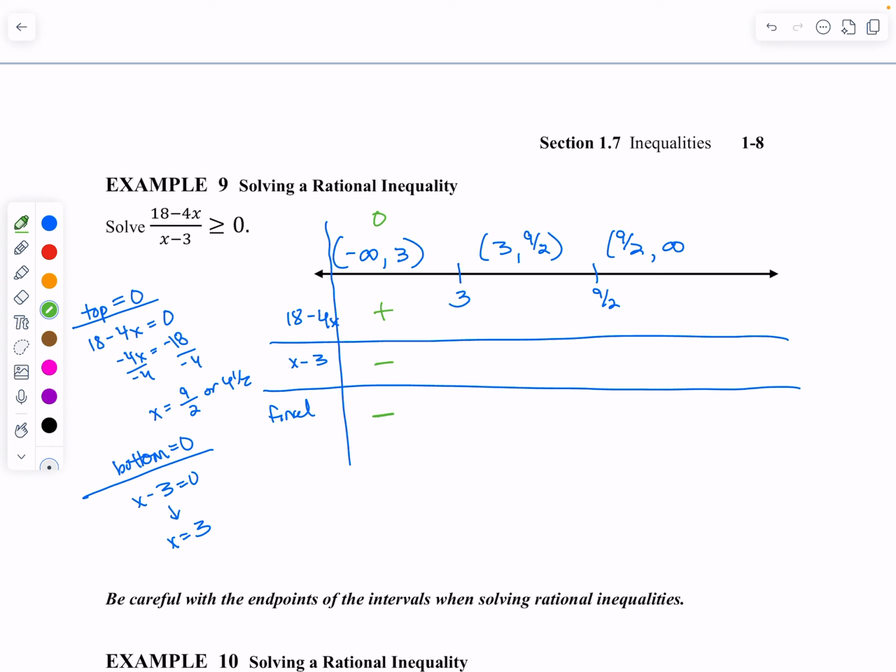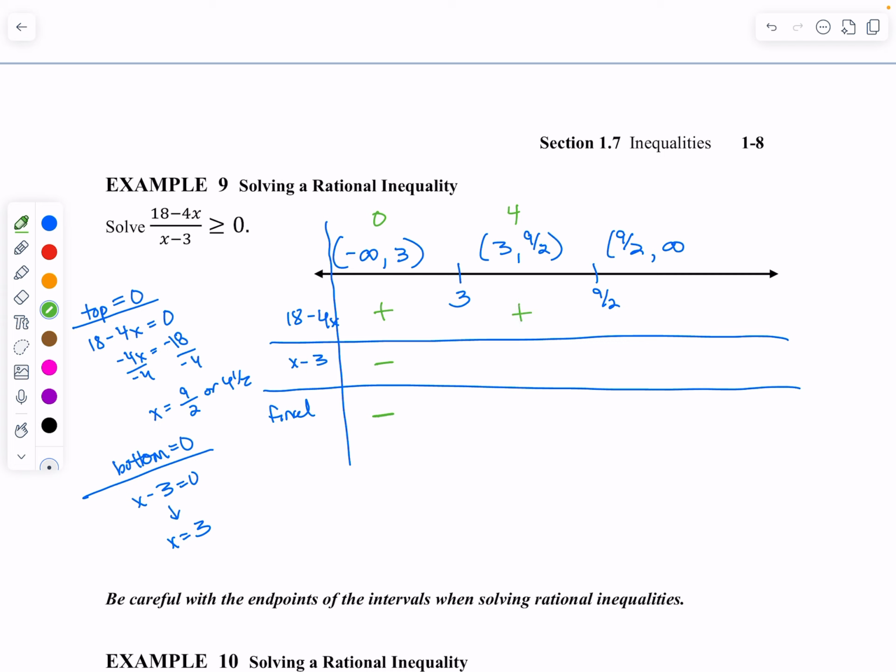I do the same thing here. Remember, this was between 3 and 4.5, so I'm going to plug in 4. On the top, 18 minus 4 times 4, 18 minus 16, gives me a positive 2.